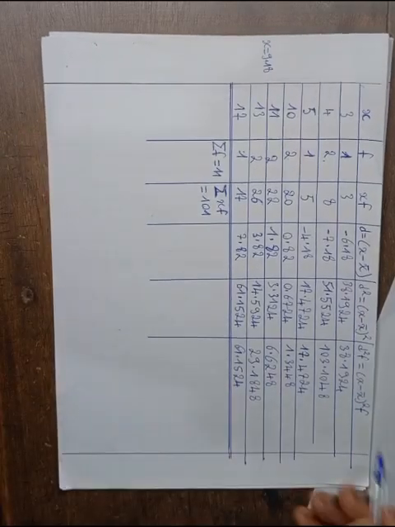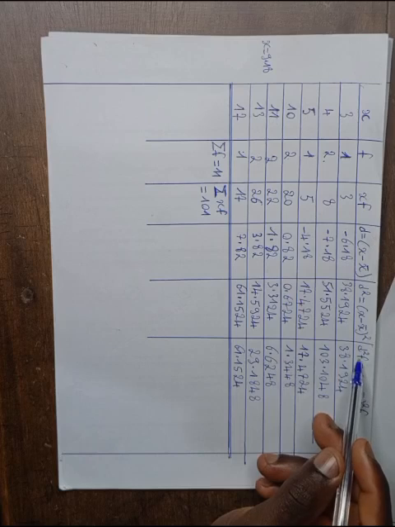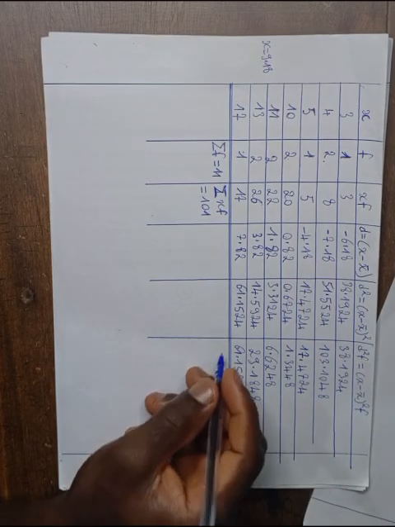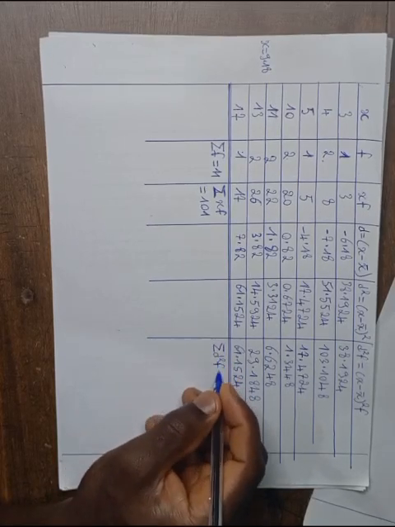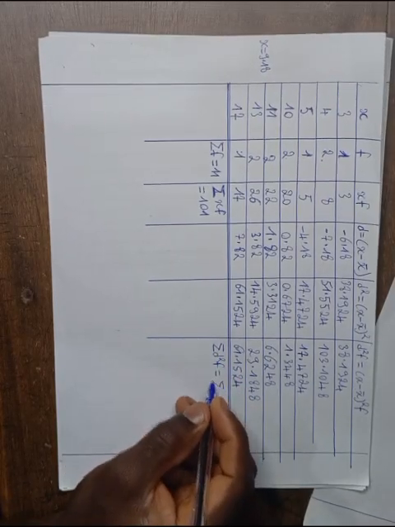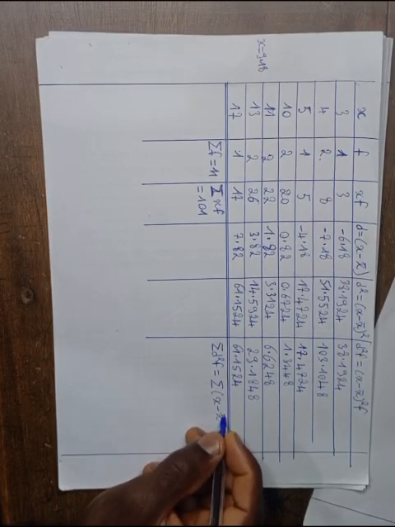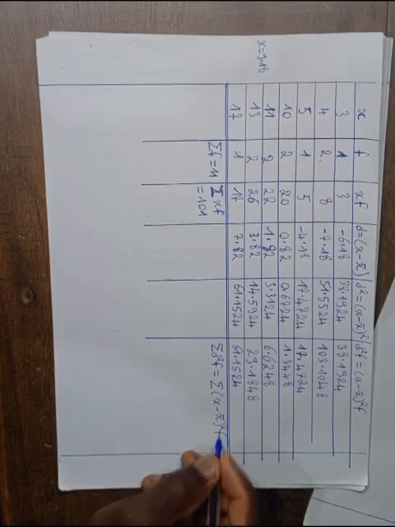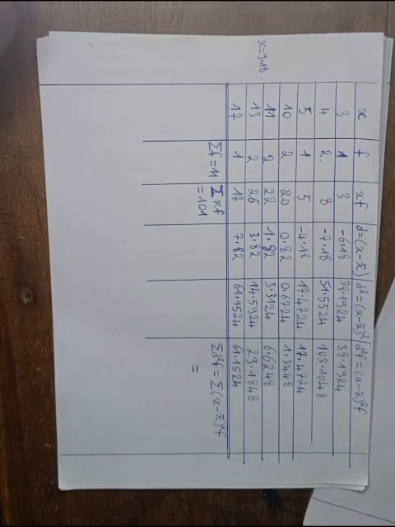And next, we need summation d squared f. We need this summation, which is the same as the sum of x minus x bar squared times the frequency. So this will simply be equal to, we are going to add all these values.